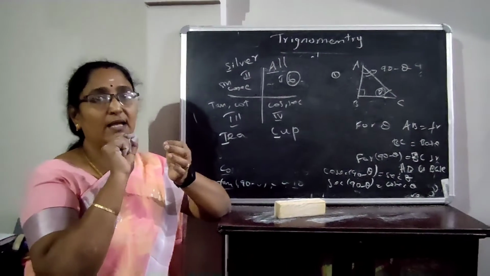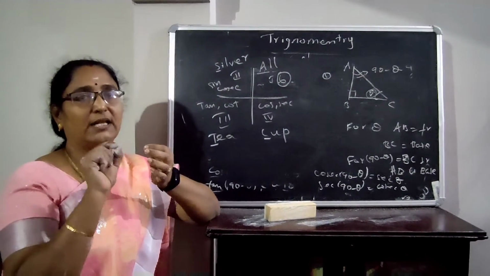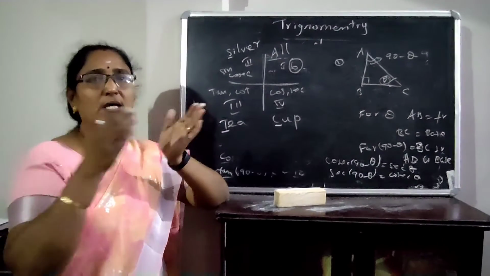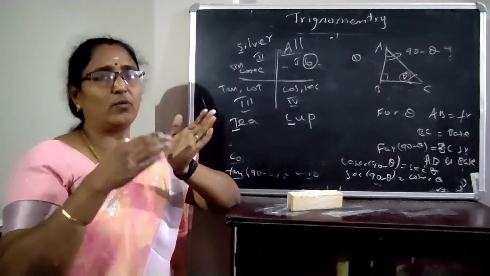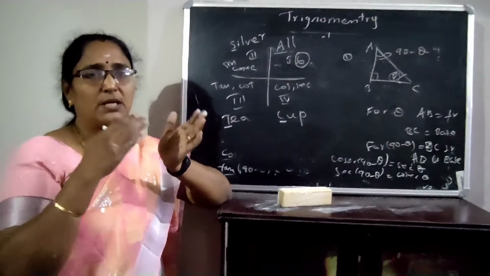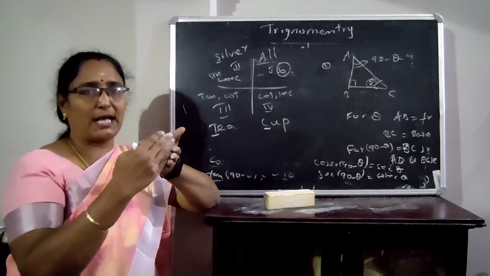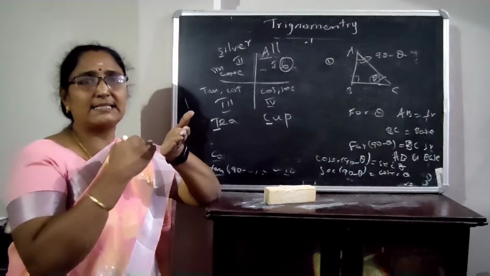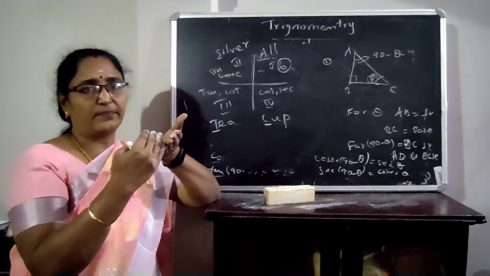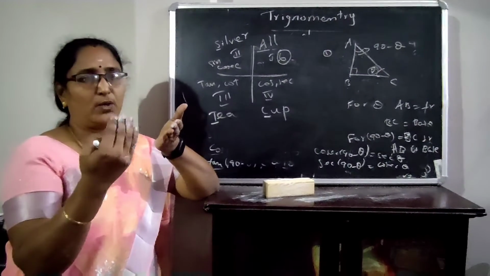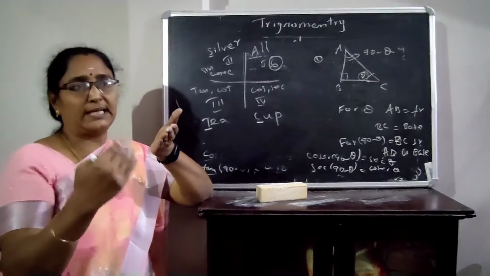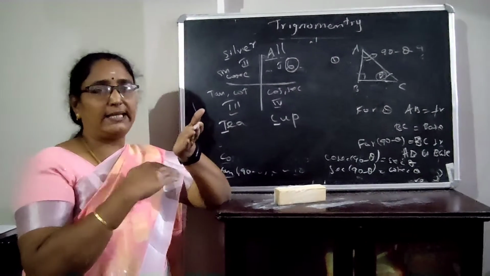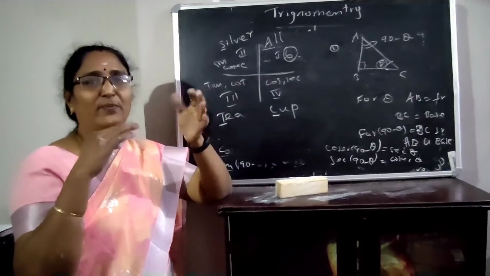Take the first letter of each word: sin equals perpendicular by hypotenuse, cos equals base by hypotenuse, tan equals perpendicular divided by base.